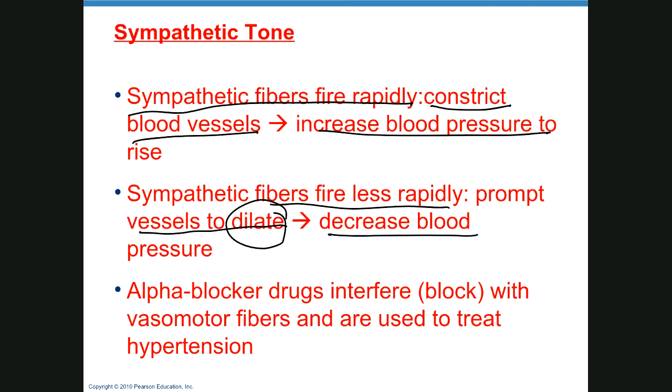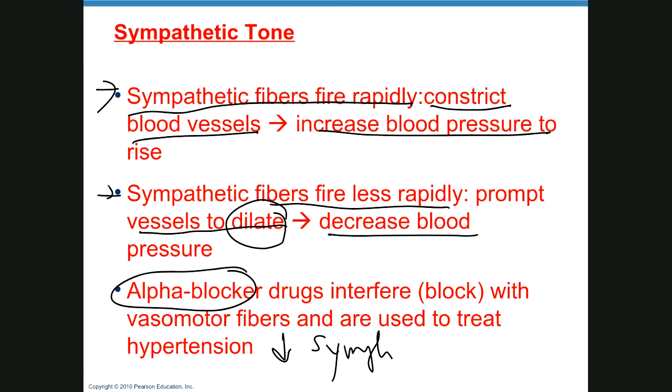Alpha blockers are the drugs that interfere with the receptors for the sympathetic neurotransmitter norepinephrine in blood vessels, and that's going to be used to decrease sympathetic activity in blood vessels, which is going to decrease blood pressure. That's another blood pressure medication, but this one acts on the blood vessel, not on the heart.